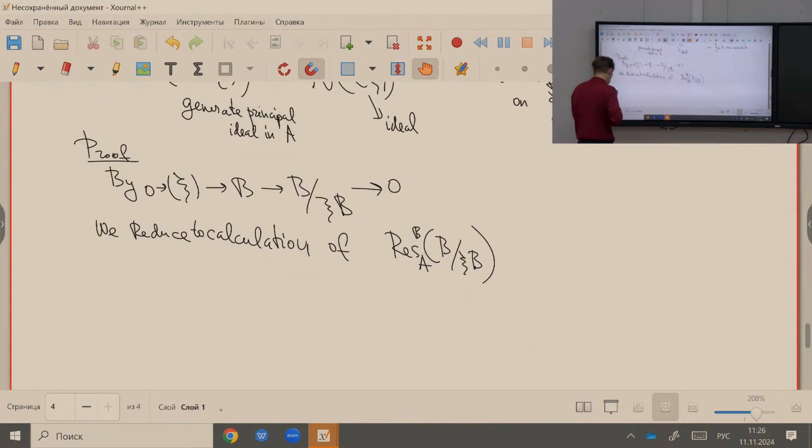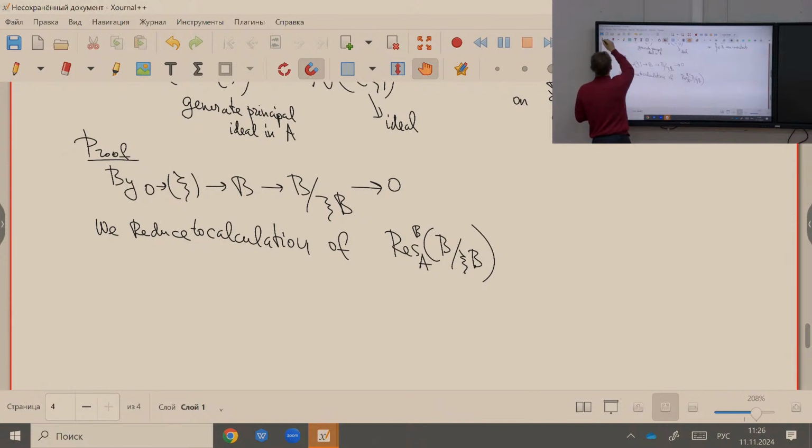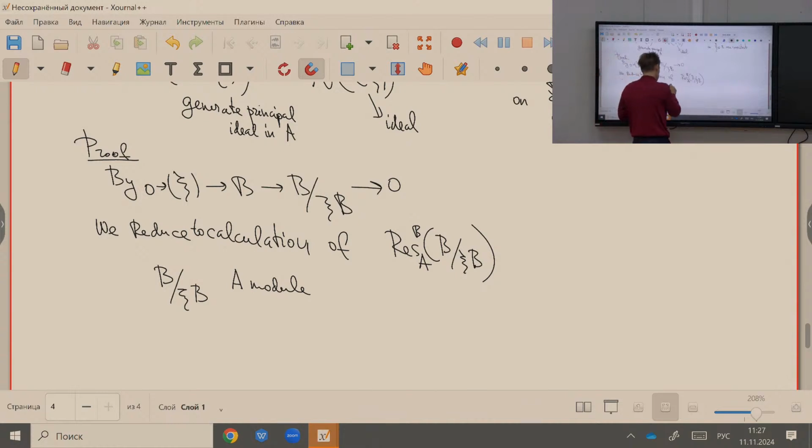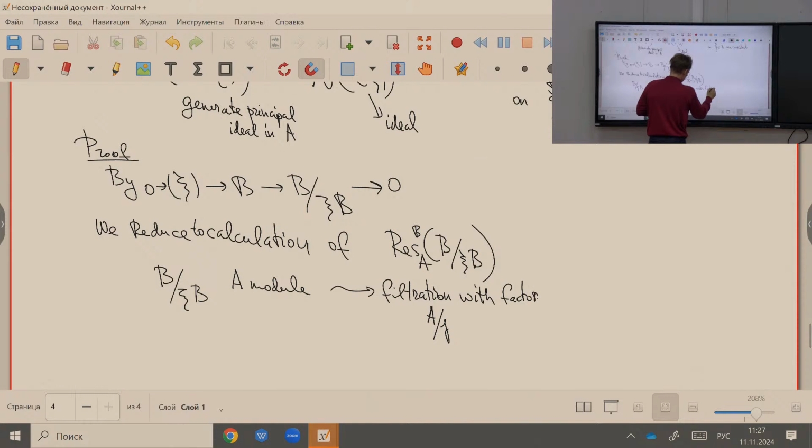And when you think of this, in order to calculate it, you take it as a module, and you have to consider a filtration by prime ideals, with factors A mod pi, and then you take a product over the prime ideals.